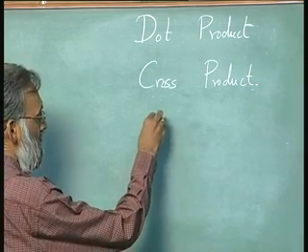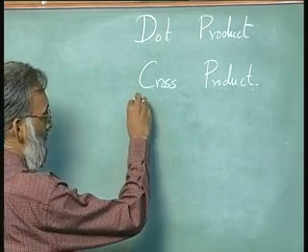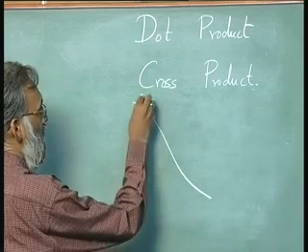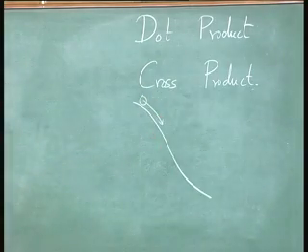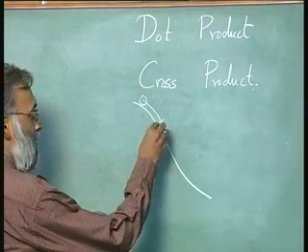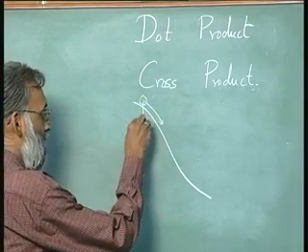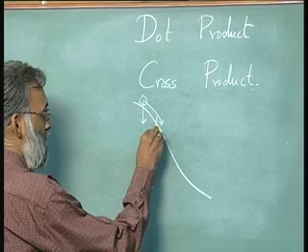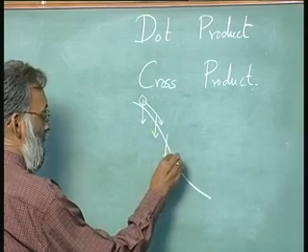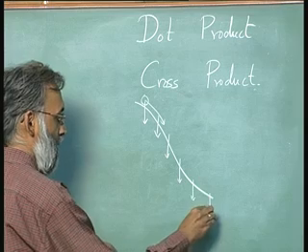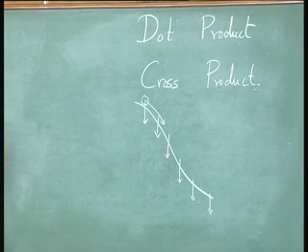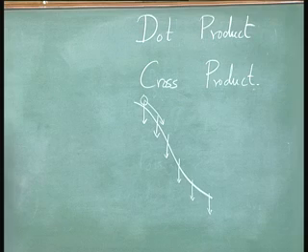Supposing a ball is rolling down a hill. The force of gravity is downwards at every point. Now, the ball, when it rolls, is not going straight down, it is going sideways.